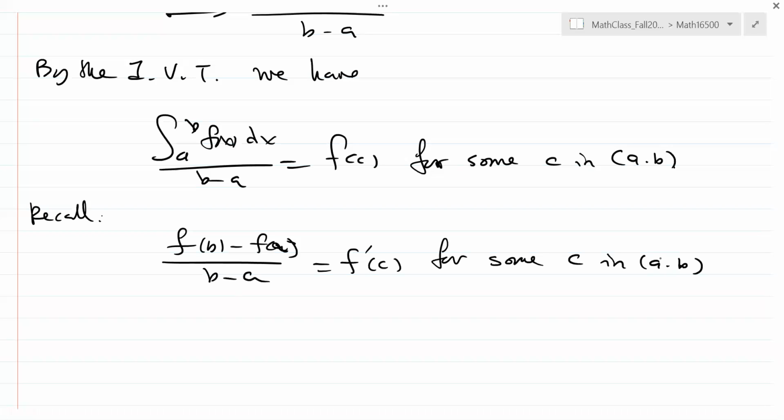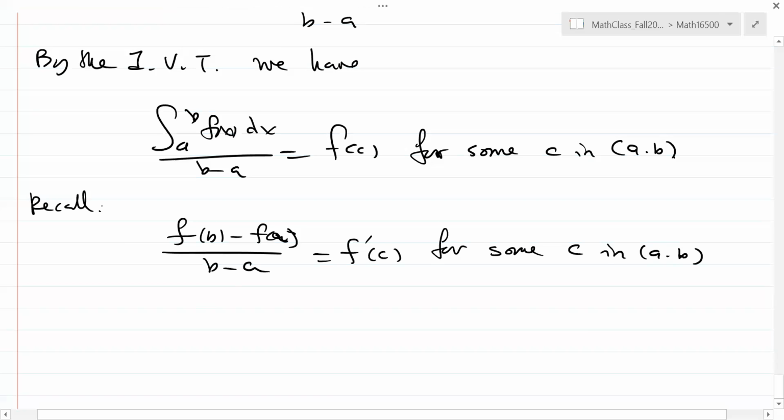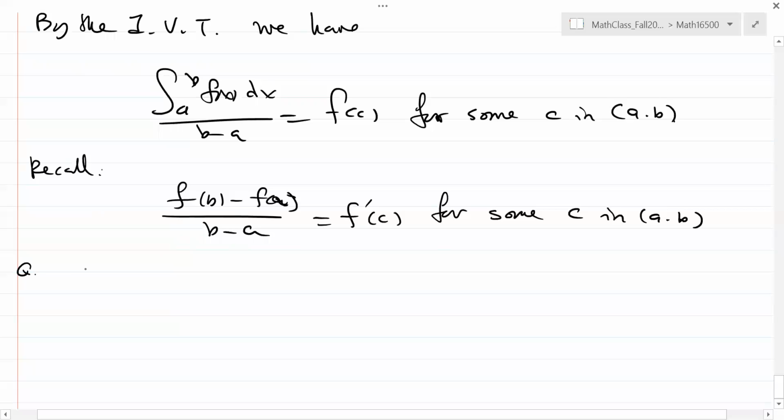When is it the average value and when is it the average change? If the function represents... So I don't have much time left. Let me just look at the example. f of x equals x squared, and x is between 0 and 1.